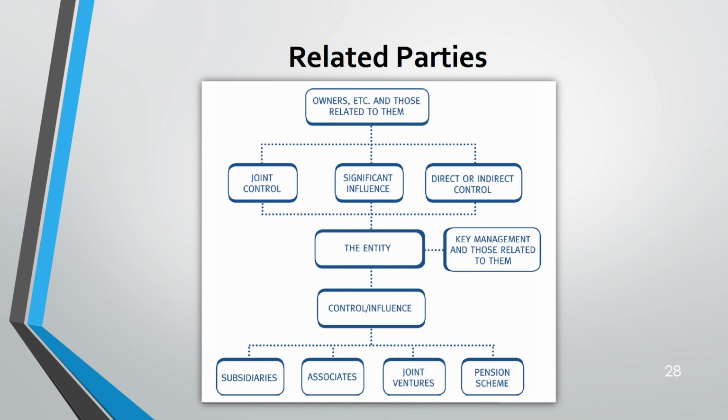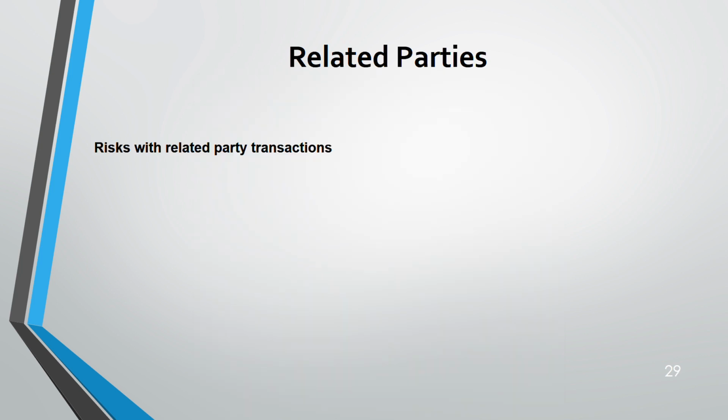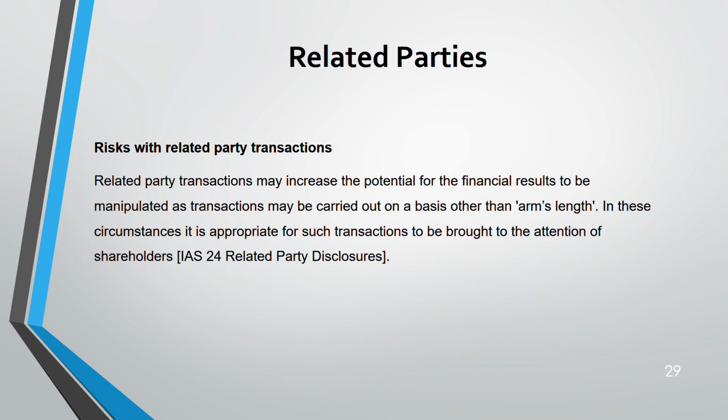So now, keeping this in mind, what are the risks with related parties? Related parties have a very high chance of being manipulated. That means your financial results can get manipulated. Why? Because related party transactions do not happen at arm's length.